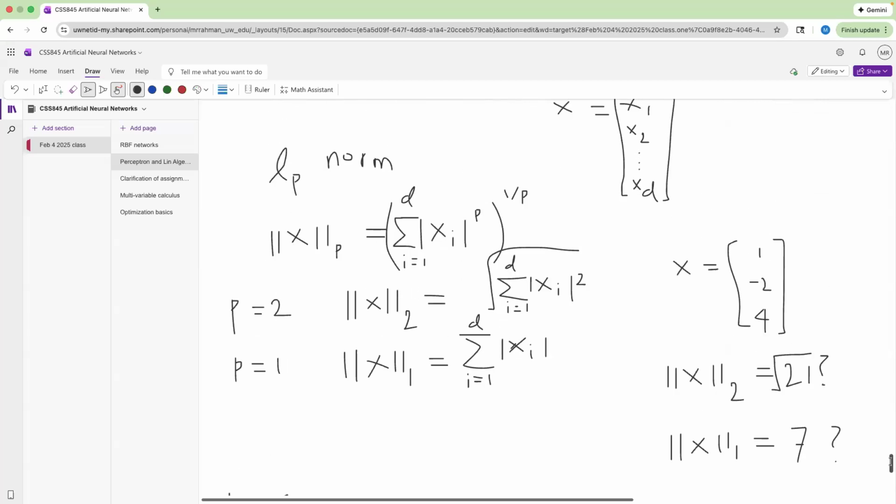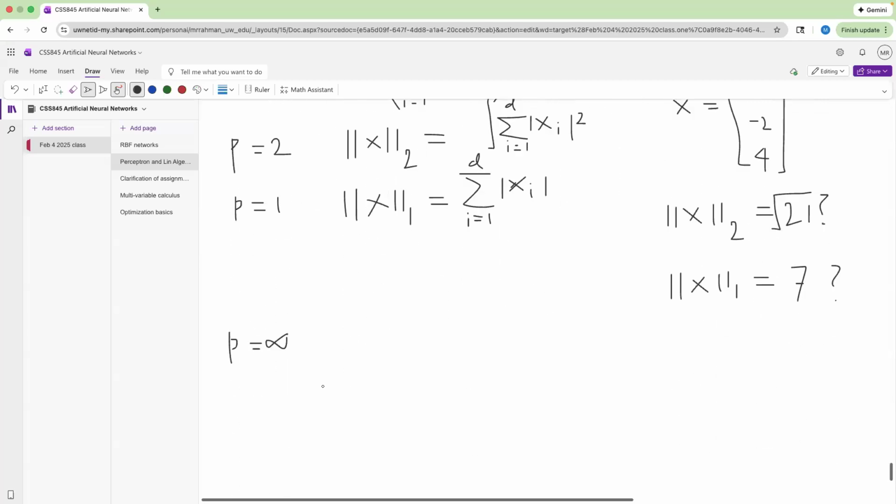If you look at the P norm, basically what we are trying to do is take the limit as P goes to infinity of the summation i equal to 1 to d of xi to the power P, and then you have a 1 by P here.